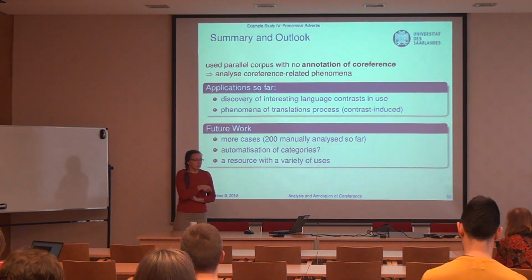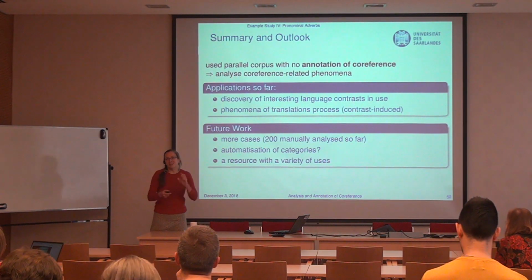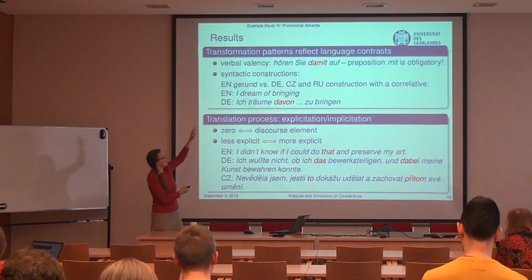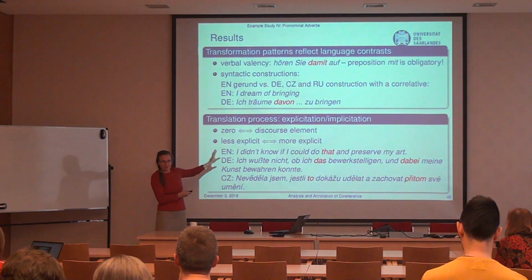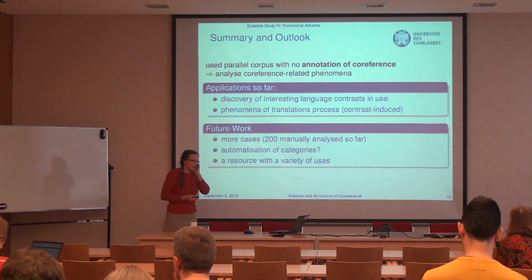Well, we used again a parallel corpus for which we could analyze again just a small number of examples, because this categorization for the reasons, language contrast and translation process was done manually.